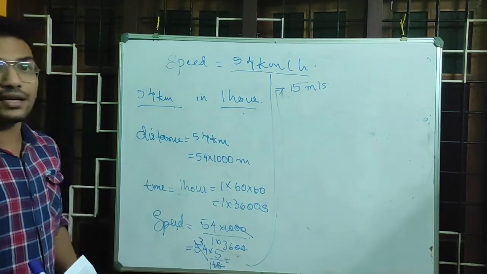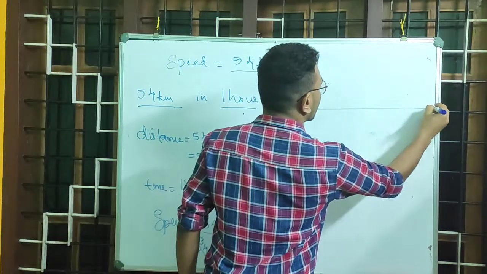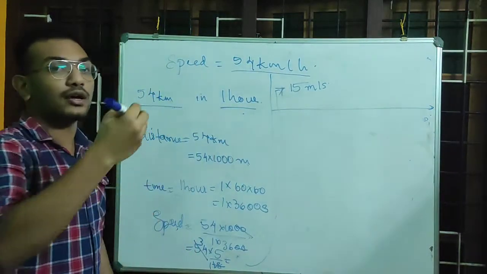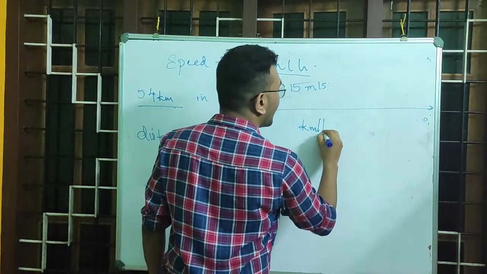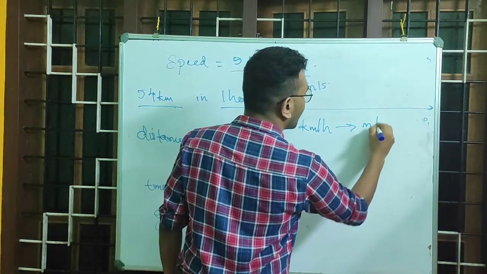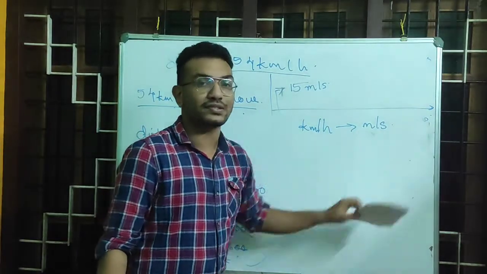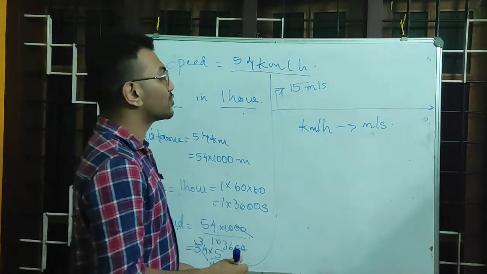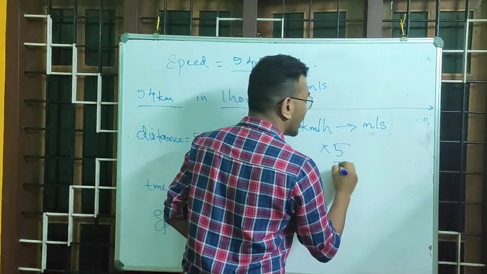The same thing, we can have a general formula right now. So if we want to convert kilometer per hour to meter per second, we have to multiply by 5 by 18.